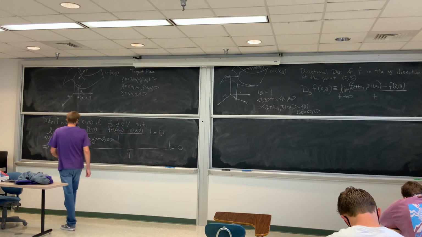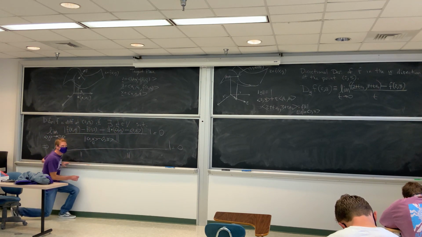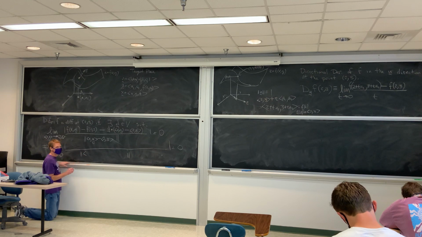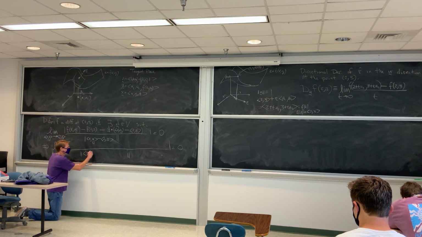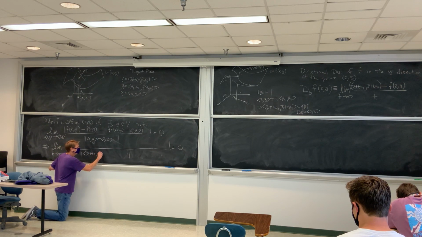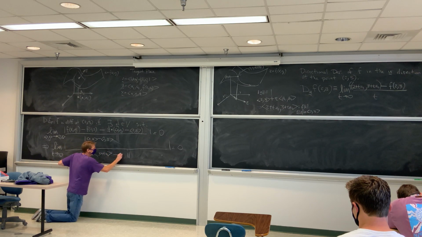Okay, for sake of time, I would have the vector 2 plus t u1, 3 plus t u2, minus the vector 2, 3.